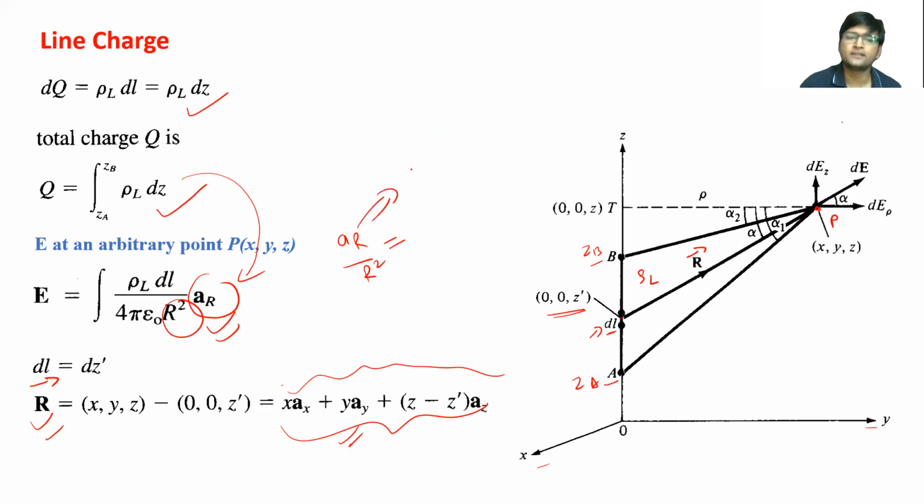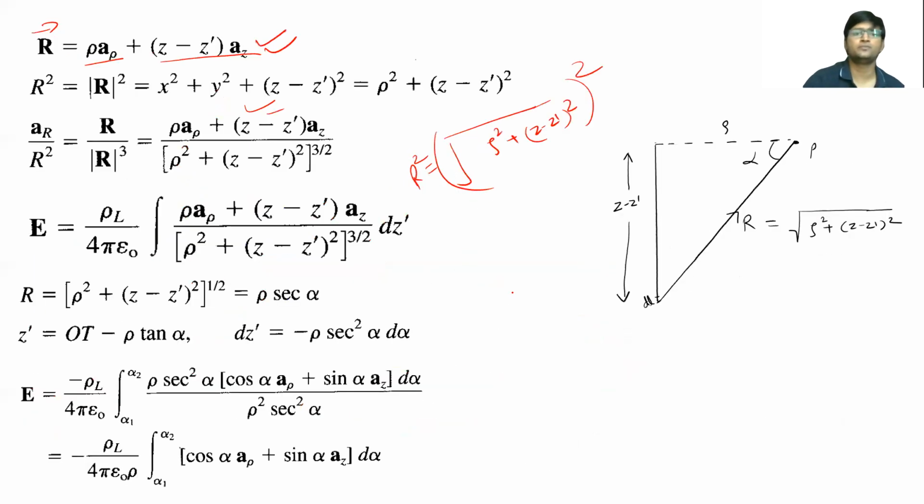So aR is nothing but the R vector divided by the magnitude of R. And if you divide it by R square, you will get the R vector divided by R cube. So this is what is written here. aR upon R square is nothing but the R vector divided by the magnitude of R cubed. So you already know the R vector and the value of R, so I have just put everything here. And if you put all these things in the formula of electric field, you will get this.